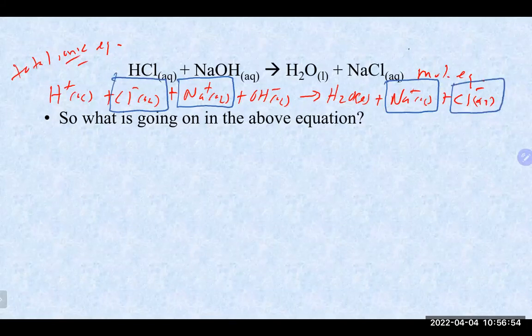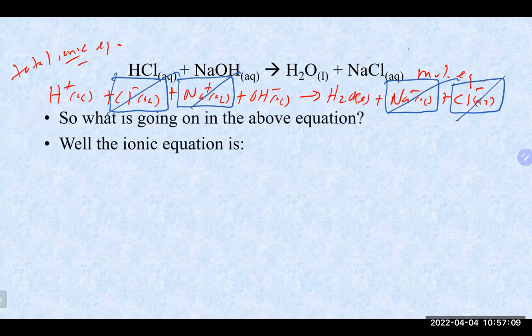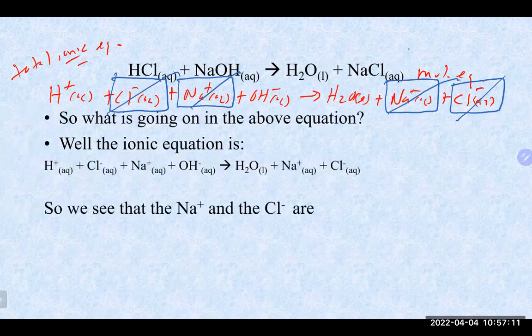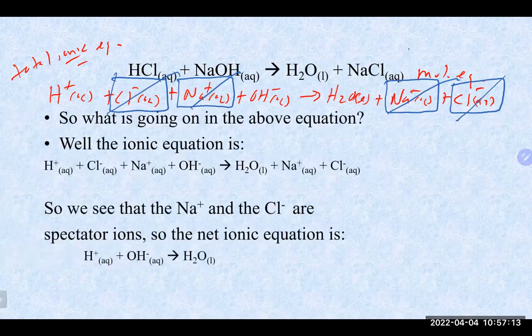Remember, spectator ions essentially just get crossed out because they're there, but they're not doing much to form the product. What we're left with is our net ionic equation, which is the H plus from the acid and the OH minus from the base coming together to make water.